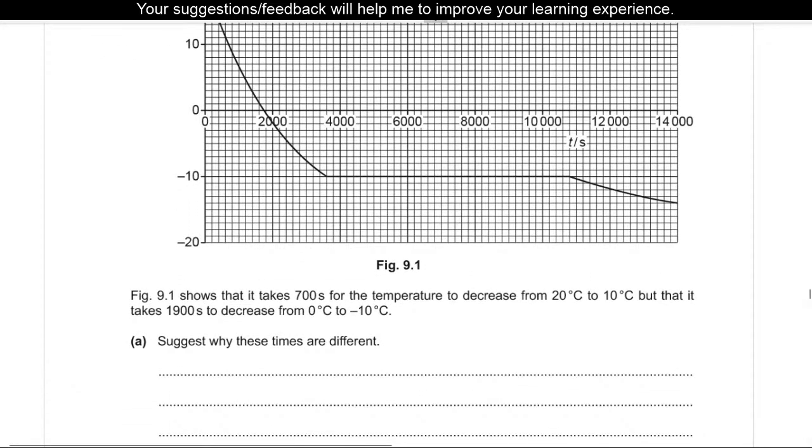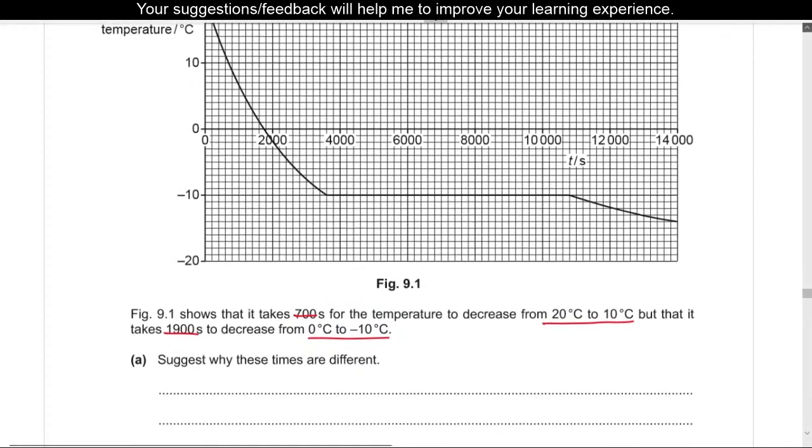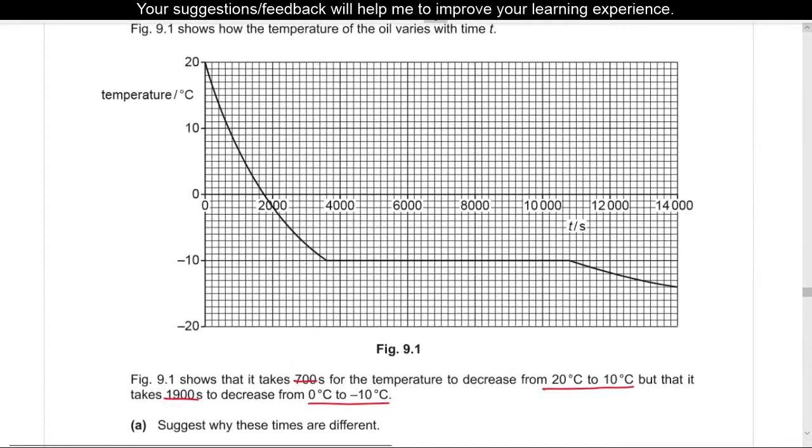The figure shows that it takes 700 seconds for the temperature to decrease from 20 degrees centigrade to 10 degrees centigrade and 1900 seconds to decrease from 0 degrees centigrade to minus 10 degrees centigrade. Okay, 20 to 10, 700. This is 20 and 10.